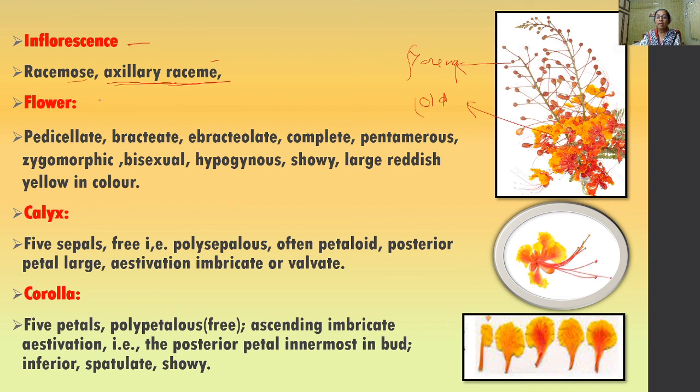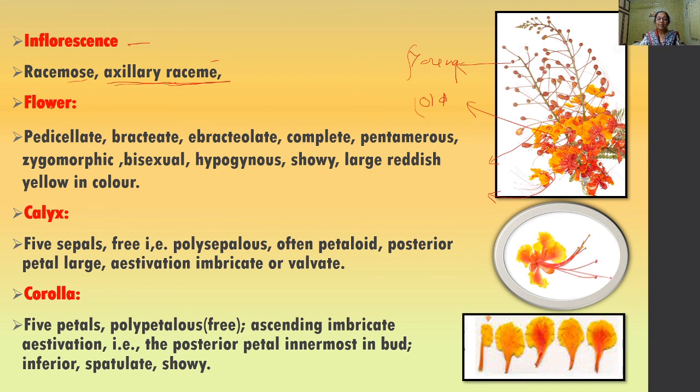Then we will move on to the single flower. This is the photograph of a single flower. First of all, we have to see whether it has a stalk or not. If the stalk is present, we call the flower a pedicellate flower. Then at the base of the pedicel, there may be a small foliaceous extension, which is called the bract.